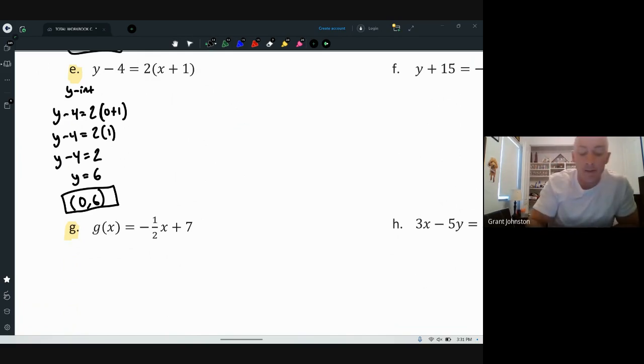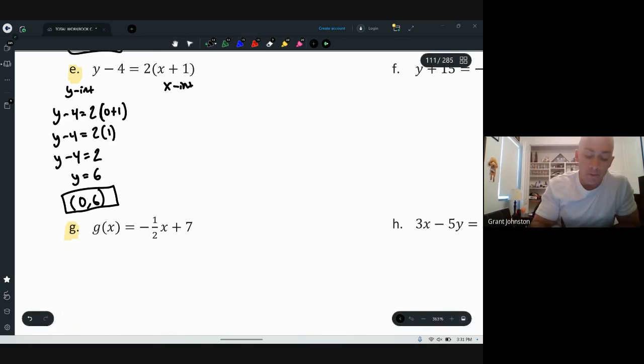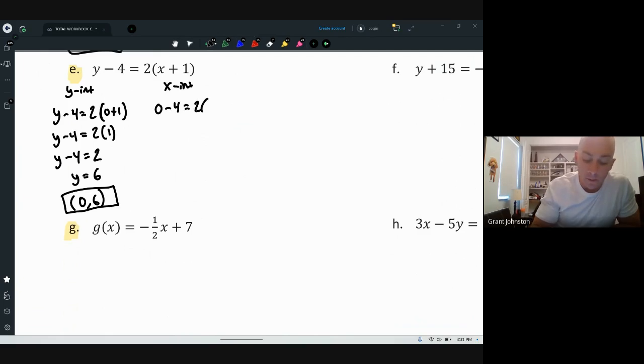To get the x-intercept, you sub 0 in for y. So 0 minus 4, I'm going to have negative 4 here. Maybe I'll distribute that 2, so I'll have 2x plus 2.